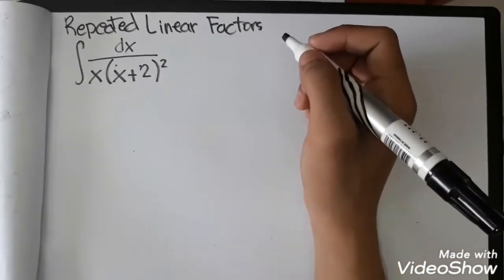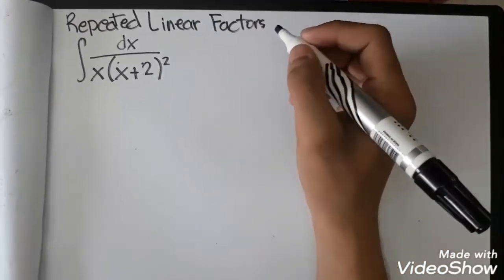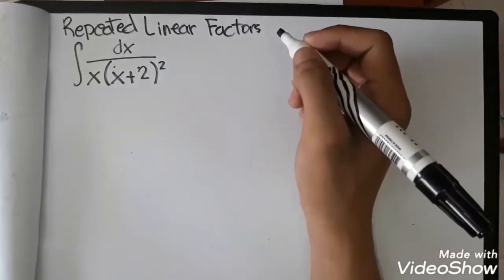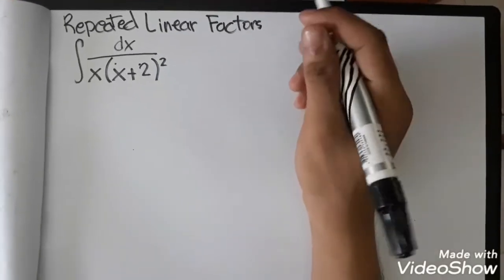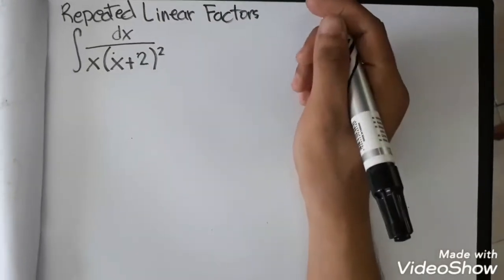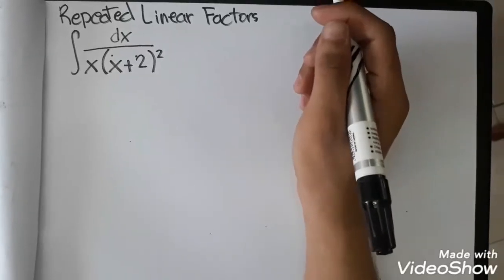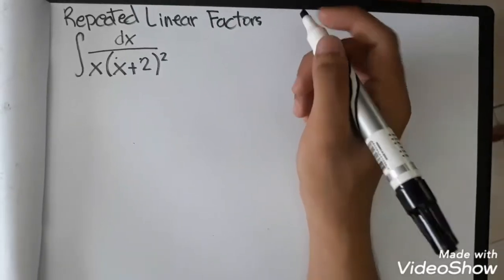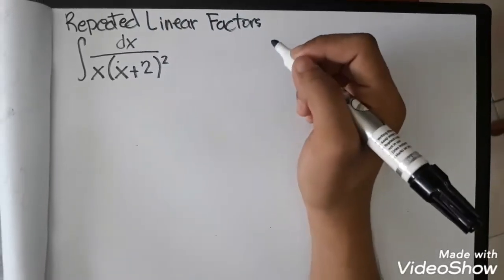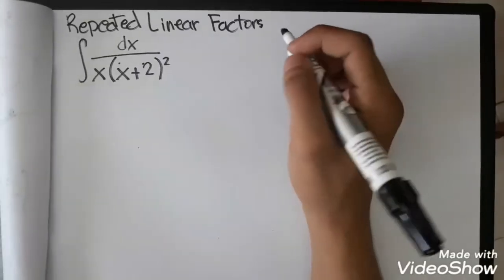For example, let's solve for the integral of dx over x times (x plus 2) squared. We can see that the factor x plus 2 is repeated 2 times. If that is the case, we should factor it as x times (x plus 2) times (x plus 2) squared.